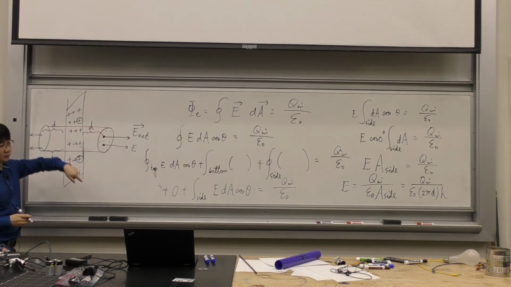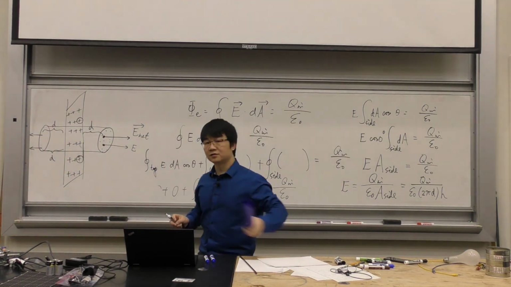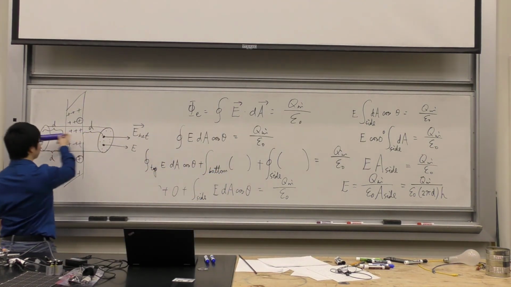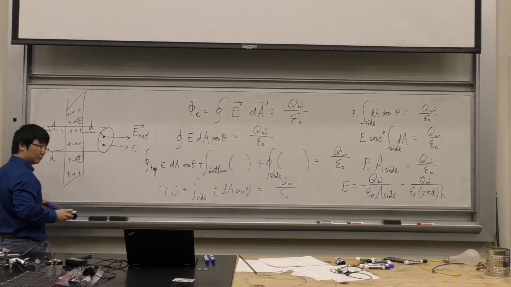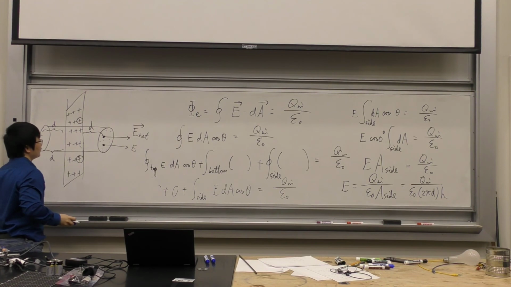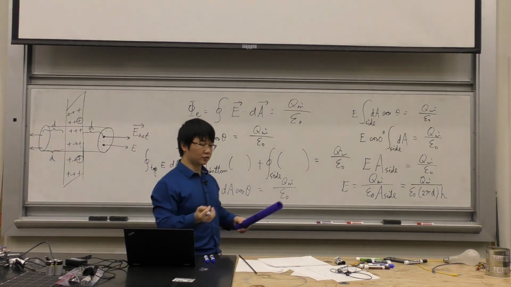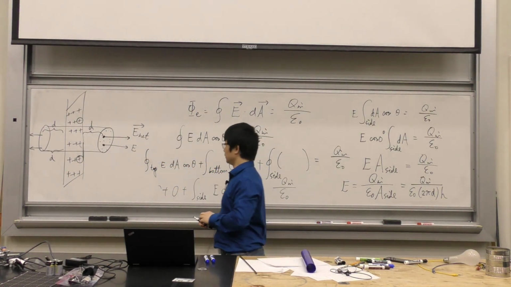So now this is the cylinder. The cylinder is sitting this way, so it passes through this plane. That's my Gaussian surface, so that's a closed surface.